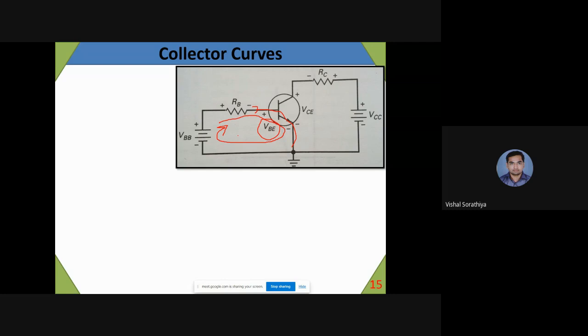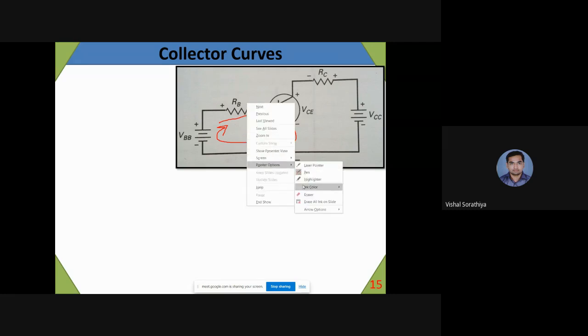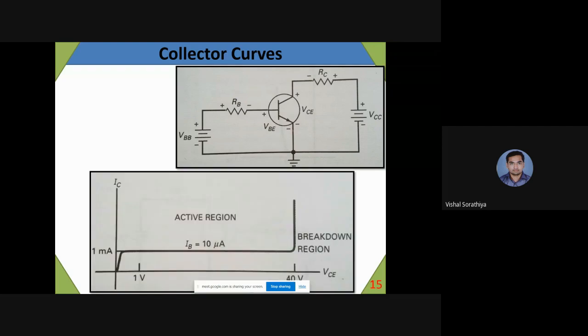Simple. But the output characteristic is a little bit tricky. Here we look at the IC current available and how the value of VC depends on it.